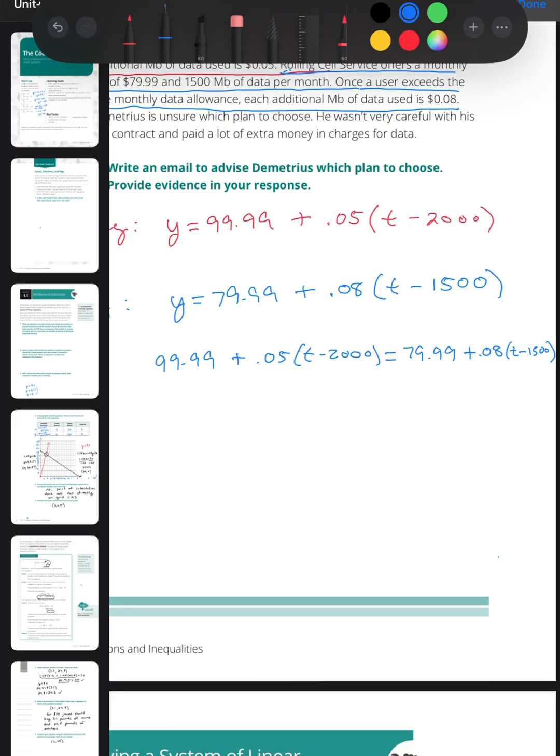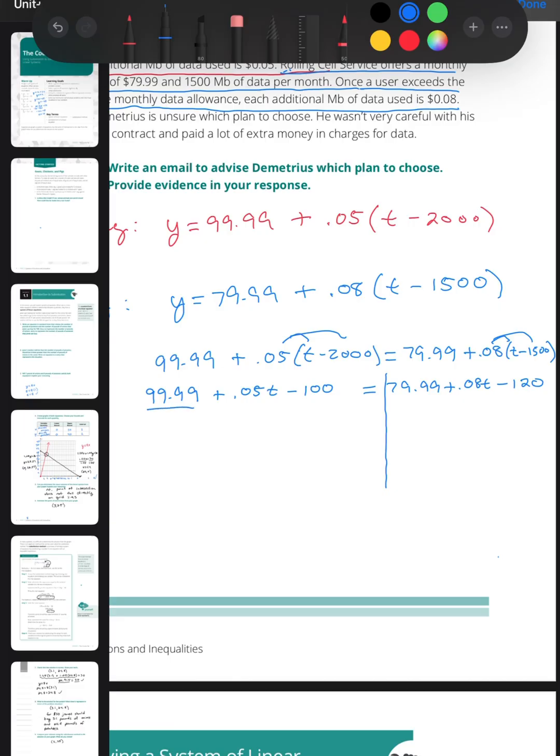So on each side there, we need to distribute first. So we're going to distribute here, and we're going to distribute there. So when we distribute the 0.05, we're going to get 0.05t minus 0.05 times 2,000 gives you 100, equals 79.99, and then again distributing 0.08t and then 0.08 times negative 1,500 gives you negative 120.